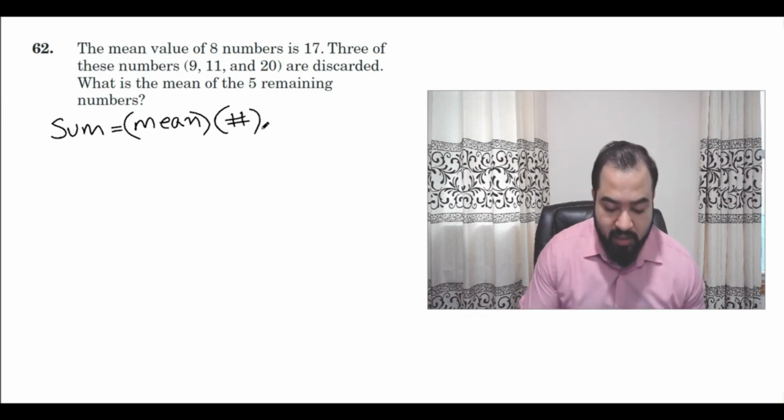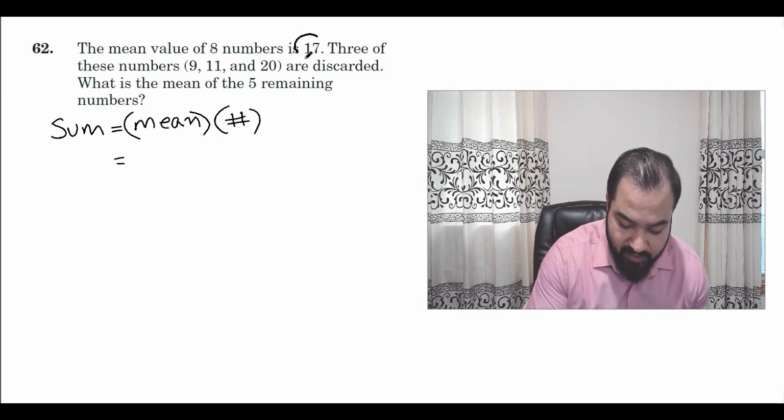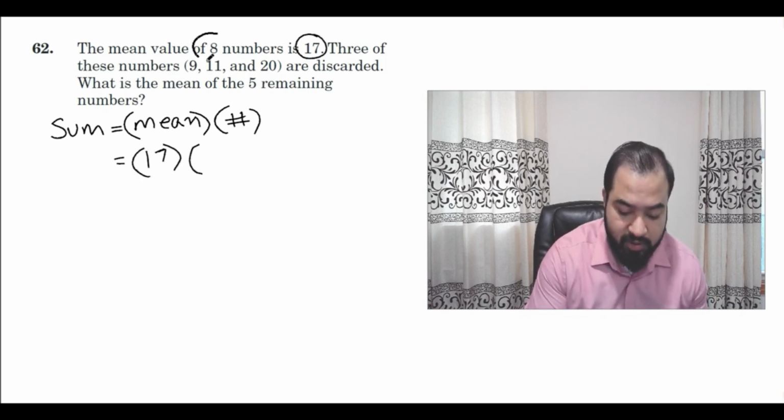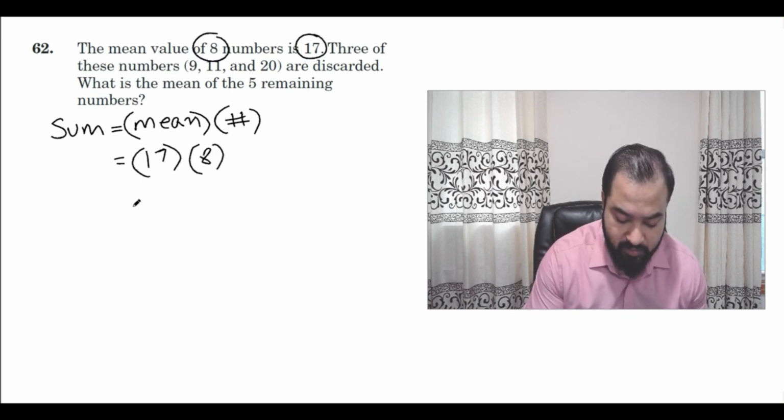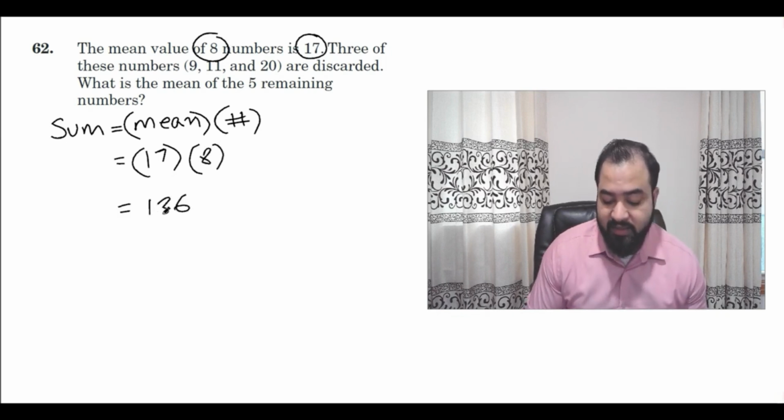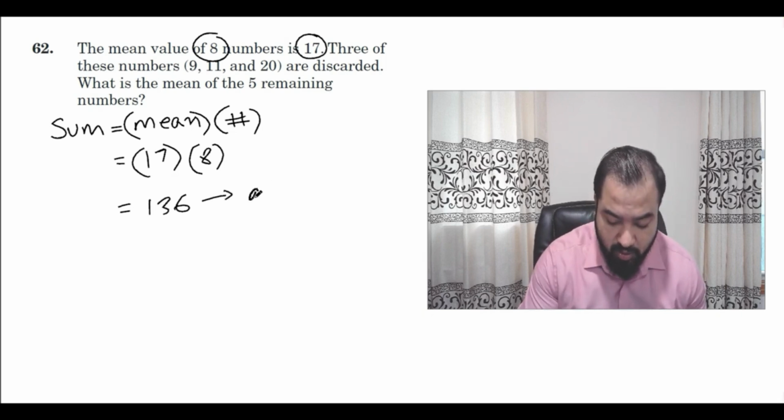Now the mean we have is 17 times the total numbers. We have 8 numbers, so that's 136. That's the sum of all the 8 numbers.